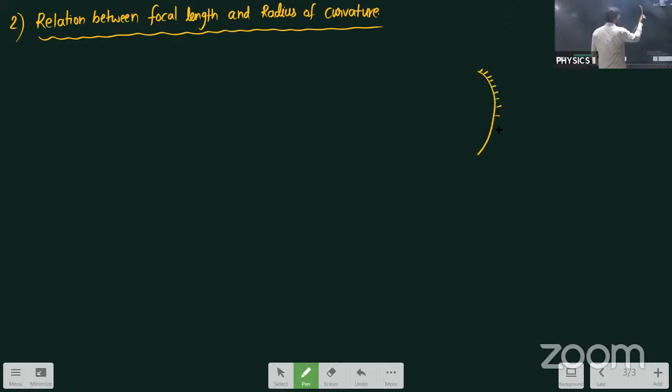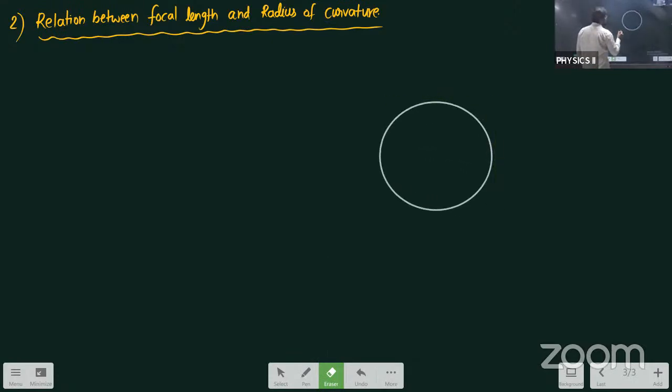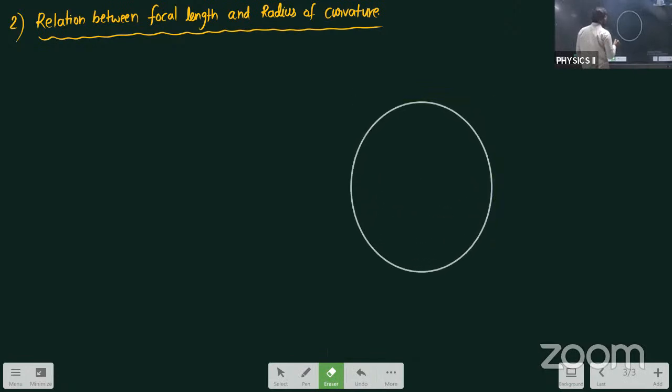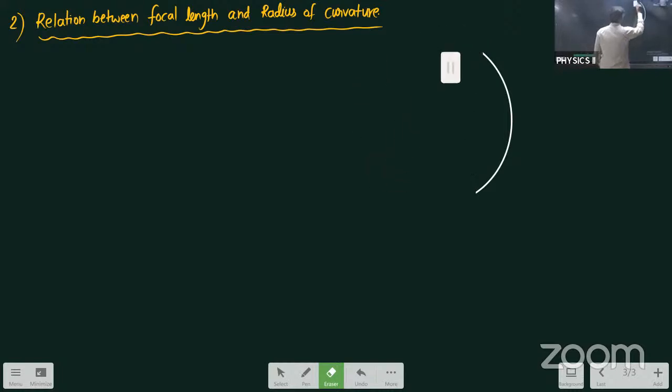This arrangement is called a concave mirror. Now see here, let me draw this neatly. So let us consider this one to be a concave mirror.